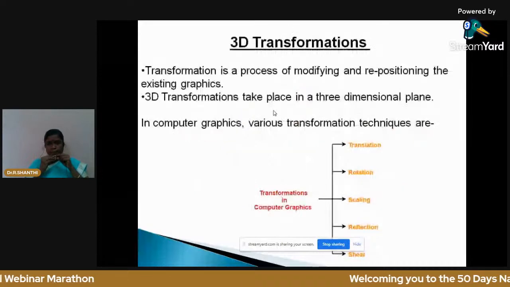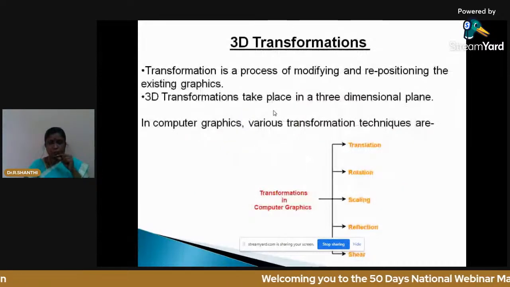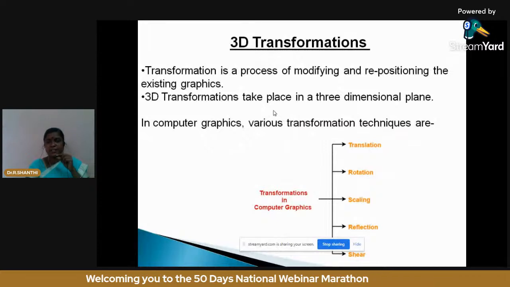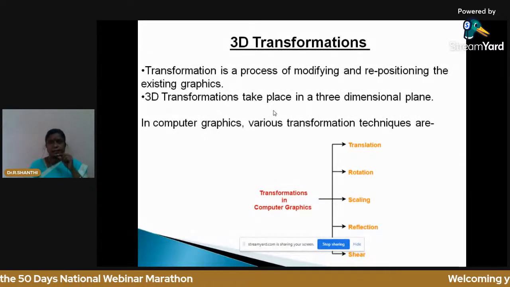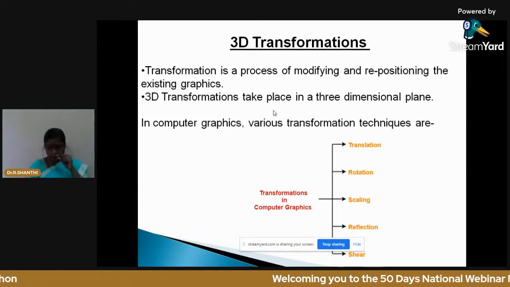So what types of transformations have we seen in 2D? Translation, rotation, scaling, reflection, and shear. Translation is nothing but changing the location of the image.